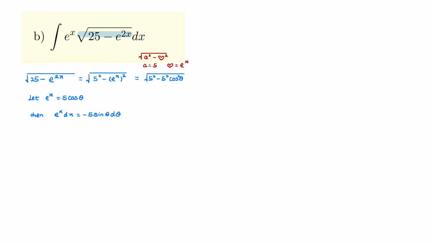So that's gonna be the square root of 5 squared times 1 minus cosine squared theta, which is square root of 5 sine squared theta. And this is the absolute value of 5 sine theta.